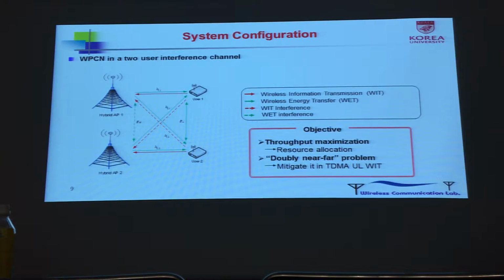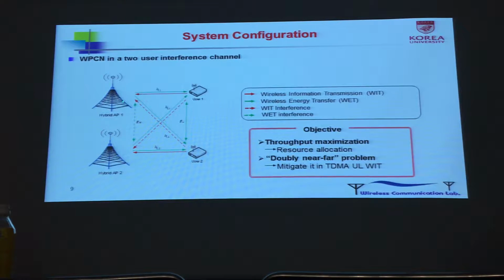So this is the system model that I'm going to talk about in today's speech. I will consider the WPCN in a two-user channel. In this case, there are two separate WPCNs. Cell 1 supports user 1, and cell 2 supports user 2.